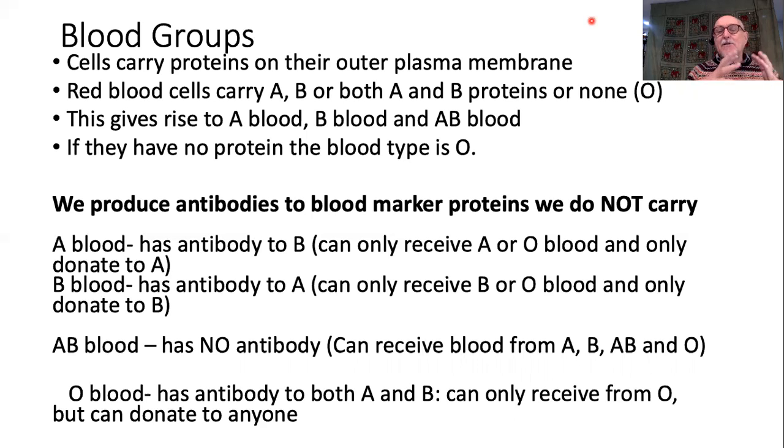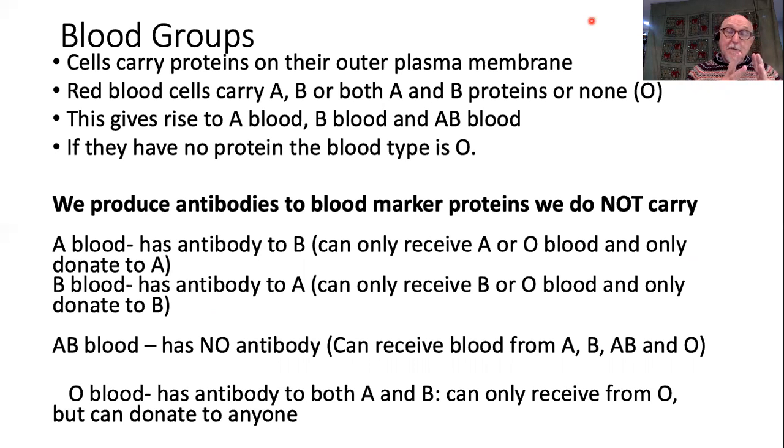If you have A antigen on your red blood corpuscles, then your blood group is A. We won't worry about the positive and the negative at the moment. If you have a protein called B antigen, then your blood group is B. But it is also possible for people to have both proteins, A and B, and their blood group then is AB.